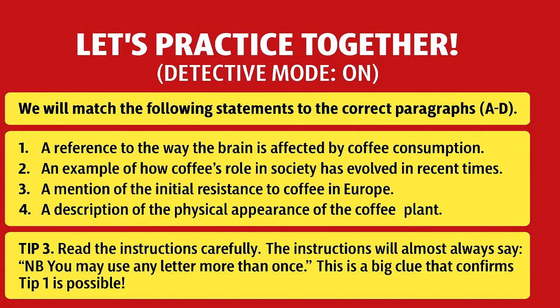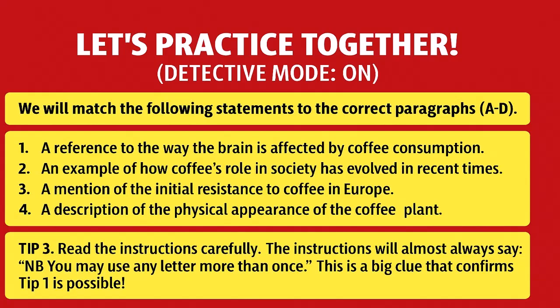Keywords: initial resistance, which means people didn't like it at first, and Europe. The information type is a mention of this event. Statement 4. A description of the physical appearance of the coffee plant. Keywords: physical appearance, how it looks, and coffee plant. The information type is a description.